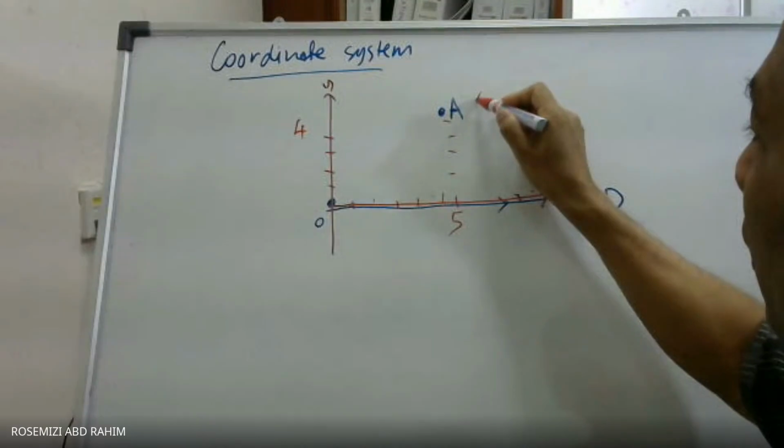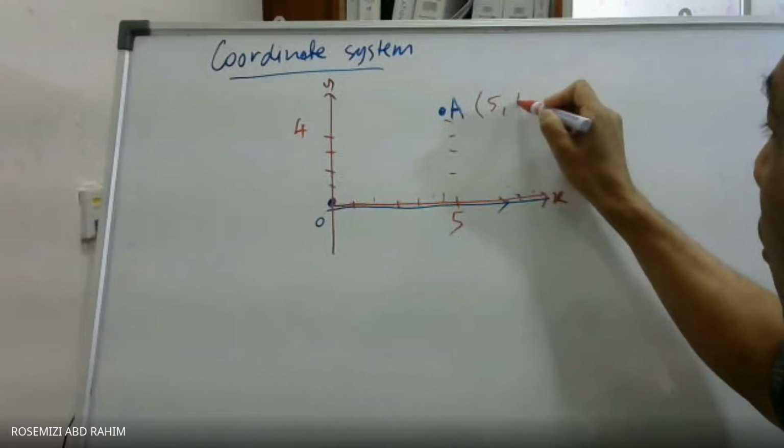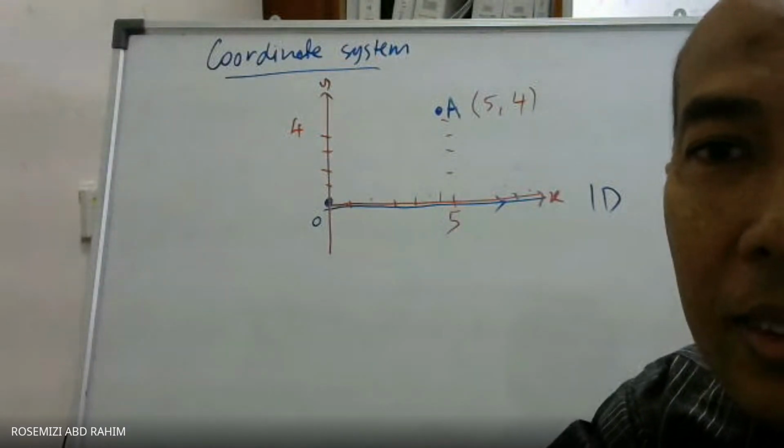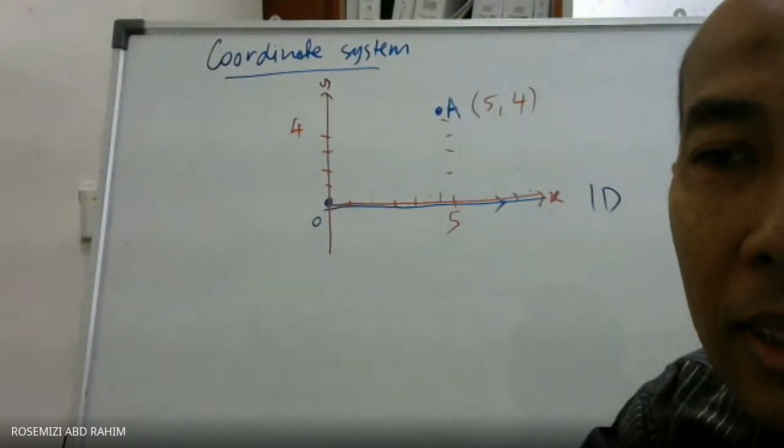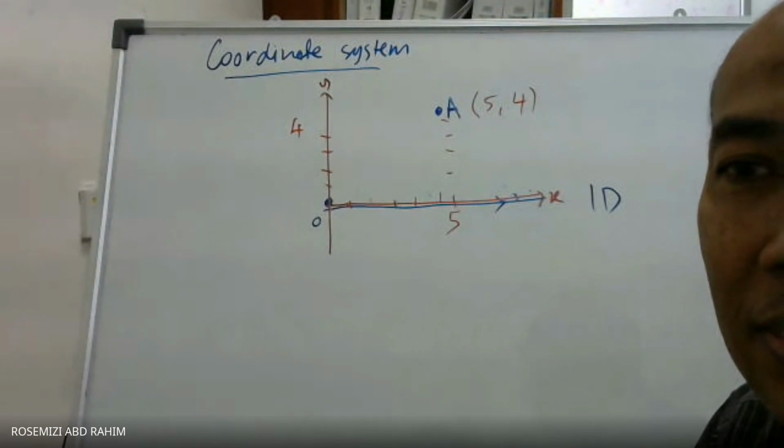So we can say that 5, 4. This is the location for A.